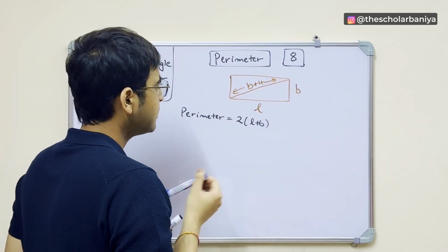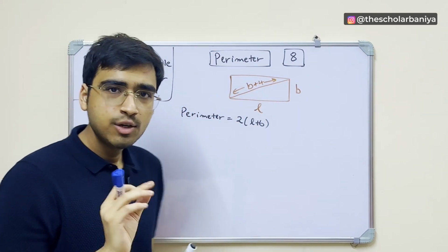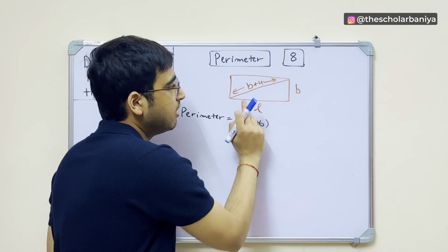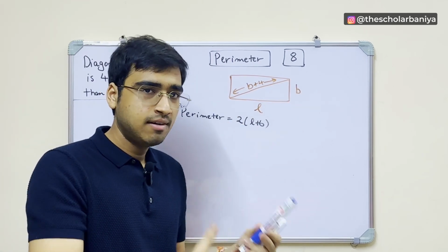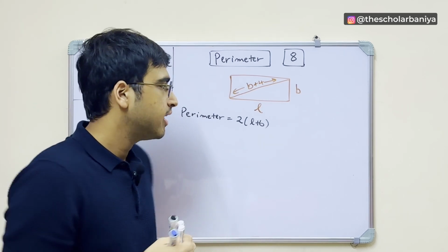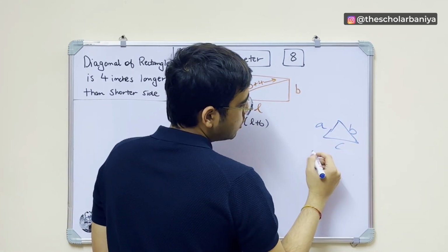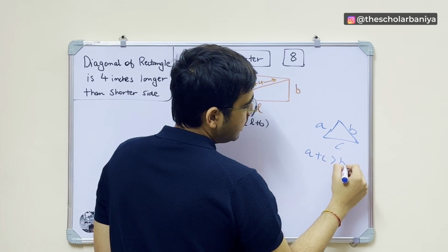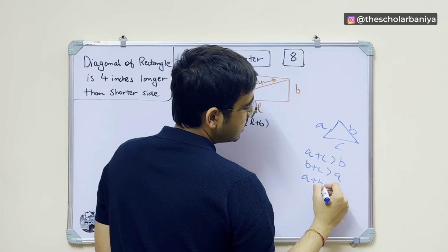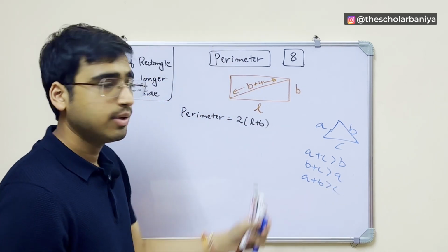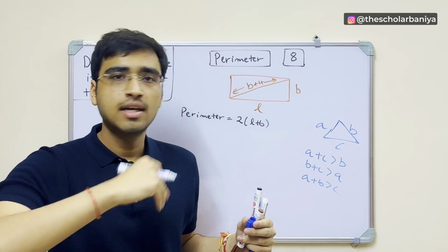Now tell me one thing, guys. If you see in this rectangle, we know that in a triangle, the sum of two sides is always greater than the third side, right? For example, if this is triangle ABC, we know A plus C is greater than B, or B plus C is greater than A, or A plus B is greater than C. So in a given triangle, the sum of two sides is always greater than the third side.